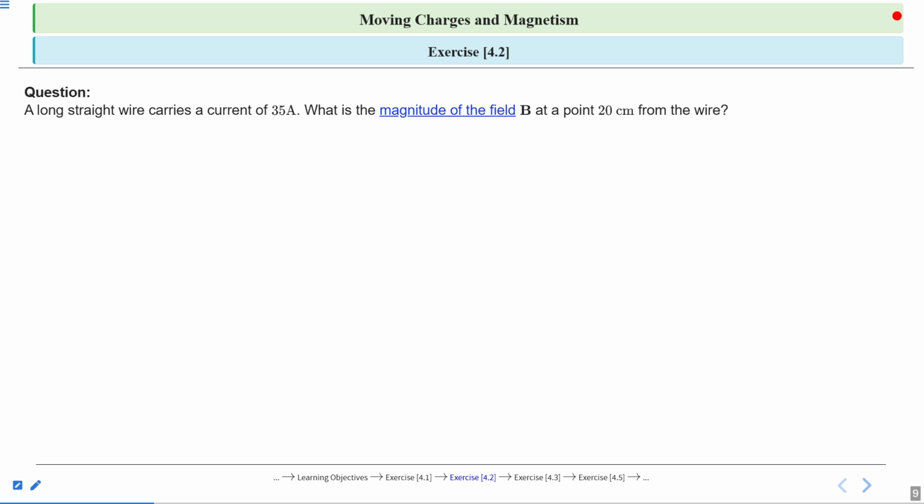We have to find the magnitude of magnetic field. I will give you some time to solve it. You have to remember all the formulae of this chapter to solve the numerical problems.